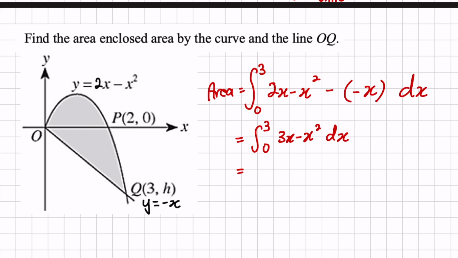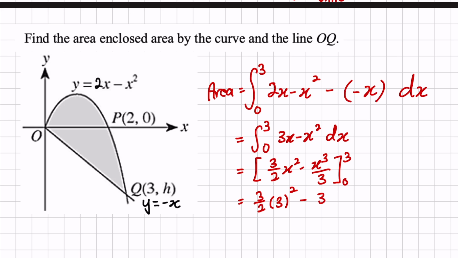Then you integrate this and you should get 3 over 2 x squared minus x cubed over 3, from 0 to 3. Therefore you substitute in your limits, and you get 3 over 2 times 3 squared minus 3 cubed over 3 minus 0. The final answer should be 9 over 2 units squared.